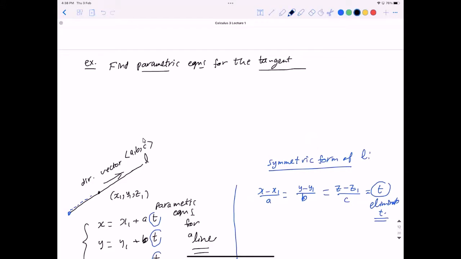We again continue our example. Find the parametric equations for the tangent line to the helix. What is the helix? We studied it last time. We mentioned x equals 2 cosine t, y equals, may be written this way as well, sine t, z equals t. If this was constant, it was to be a circle, as we mentioned last time, but this is not a constant circle in a certain plane.